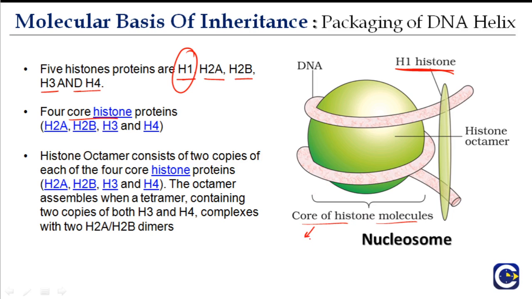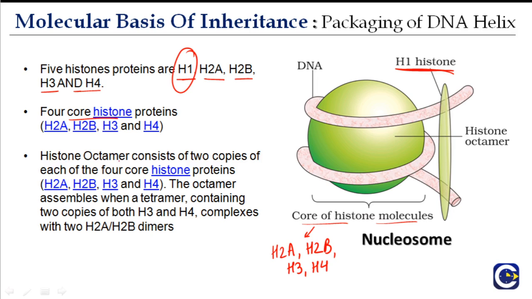It is very easy to remember: 1, 2, 3, 4, and you just have to remember that 2 has H2A and H2B. Because H1 is the biggest, it is not constituted in the core.